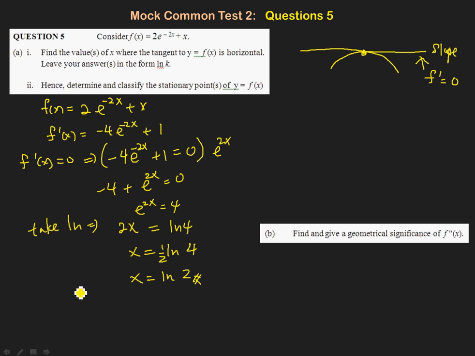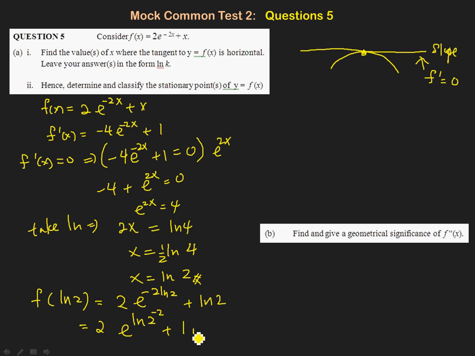Now if you calculate the y coordinate, you substitute this in. I'm going to skip some of the steps, so you better find out why that's the case. This is negative 2 ln 2 plus ln 2, and this is going to be e to the power of ln 2 to the power of negative 2.